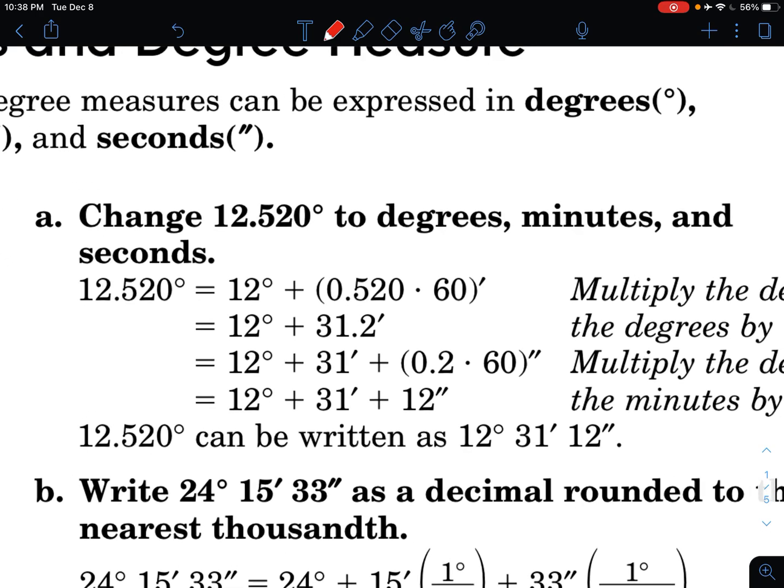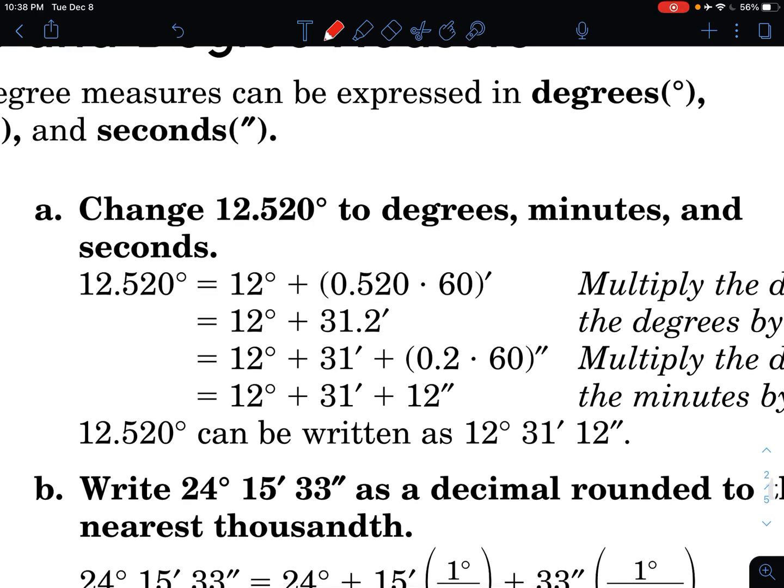Make sure you know how to change degrees into minutes and seconds, which you're going to end up writing like this. You don't need the plus between those. Remember, all we're doing is taking this number, multiplying it by 60. That gives us the number of minutes, 31.2.